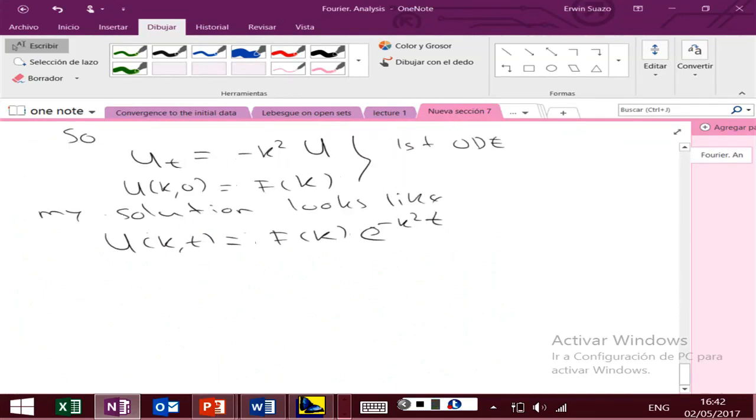Okay, so let's take the Fourier transform inverse.